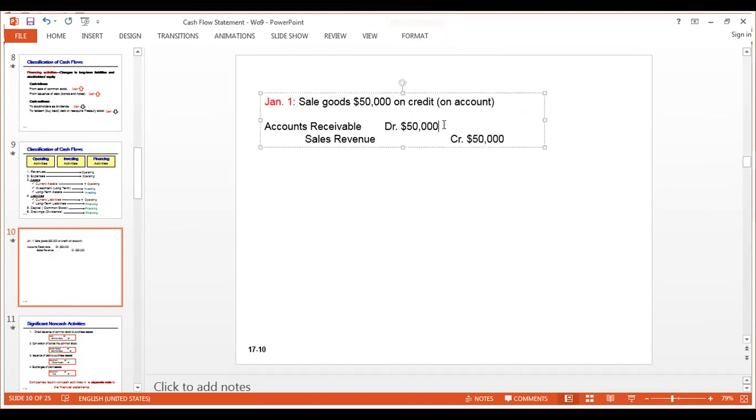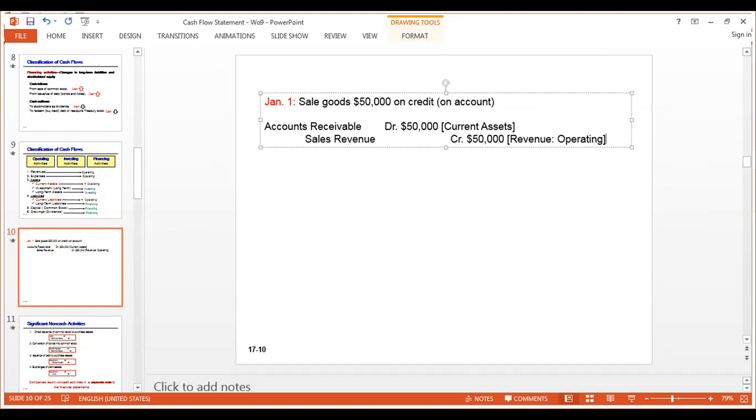So here, this is current asset. Right? This is called the current asset. And sales revenue is the revenue, right? And we know that revenue means operating activities, right?